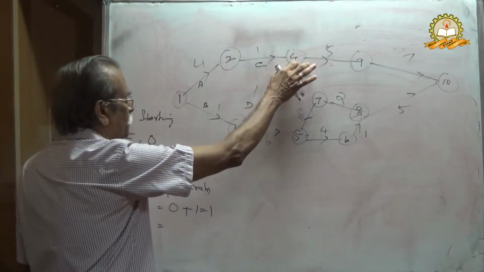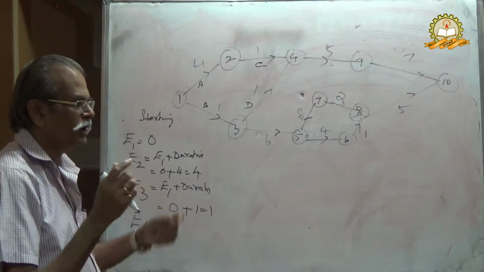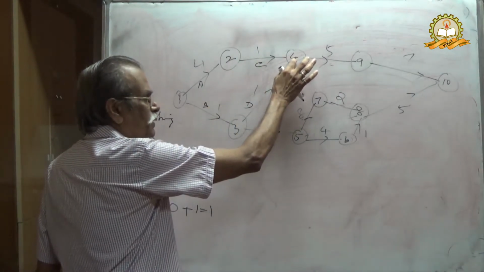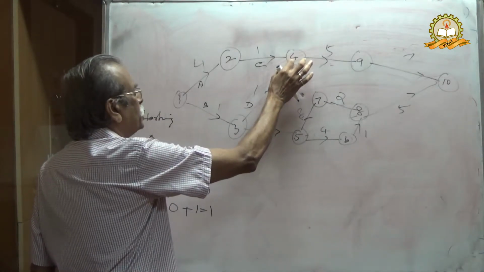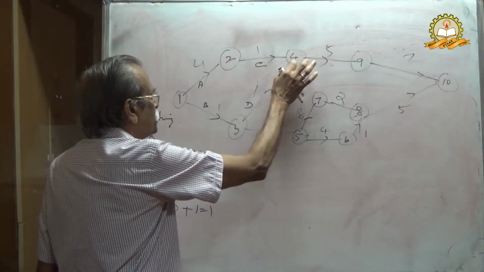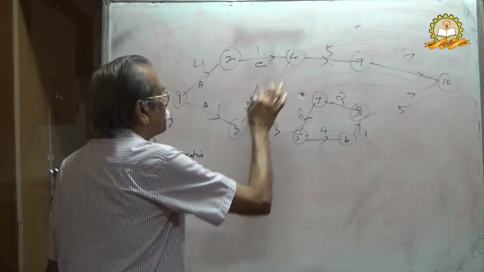E4 is here. You can see that event 4 is reached either from event 2 or from event 3.